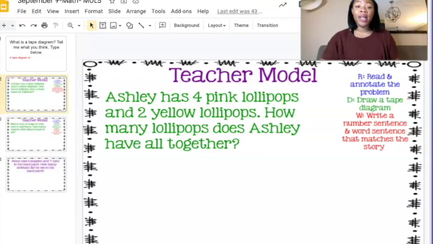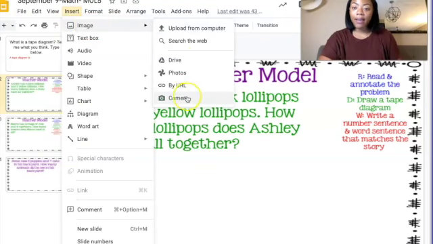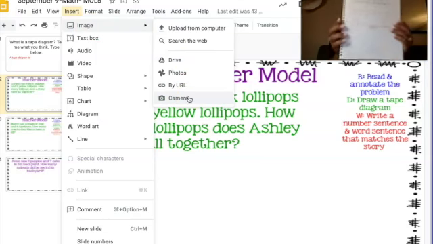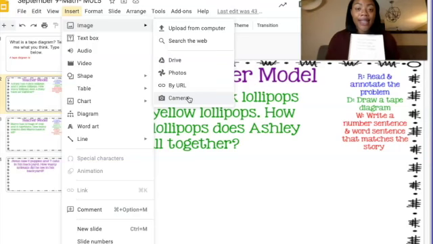All right, so once you've followed those steps, again, clicking Insert, Image, and Camera, the camera will pop up on the front of your screen, and then you can hold your paper up to the screen like this, and it will snap a picture, and you can click Insert.